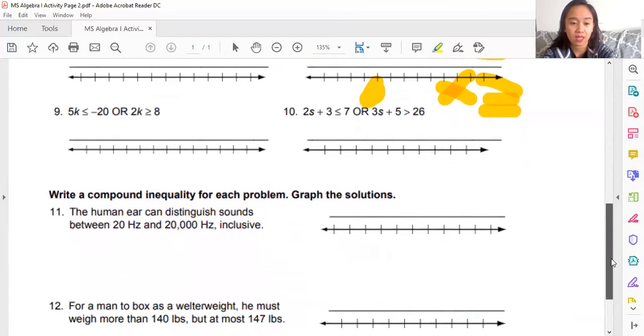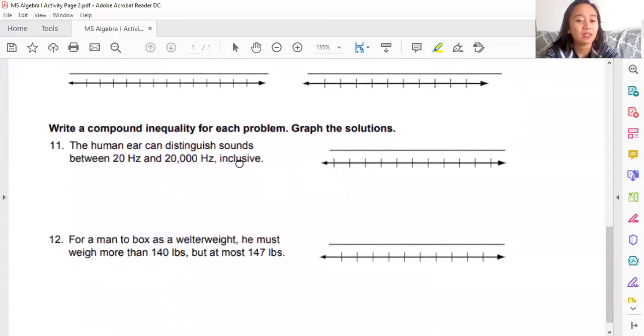So do the same thing. For number 11, take note, it says inclusive, so it says between, so this should be an intersection. If it says inclusive, the points should be shaded, okay? So whatever the lesser number is, of course, it should be at the left part of your graph.